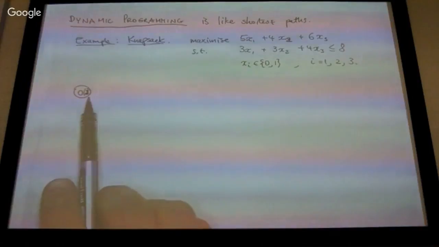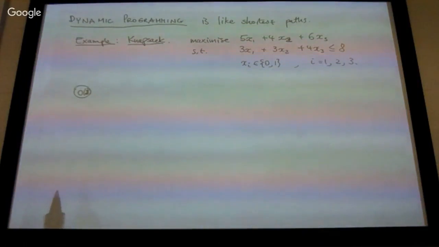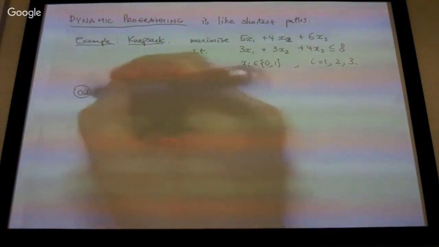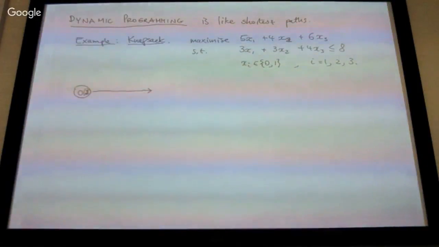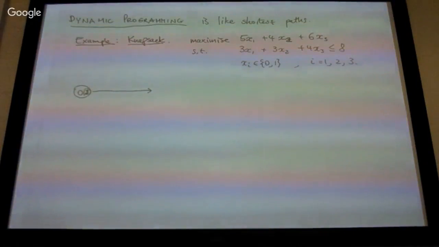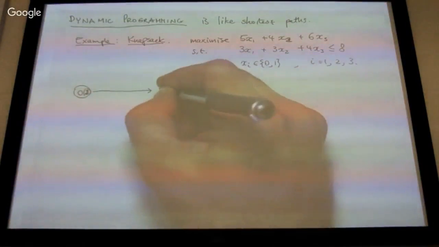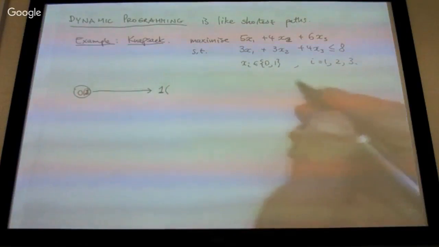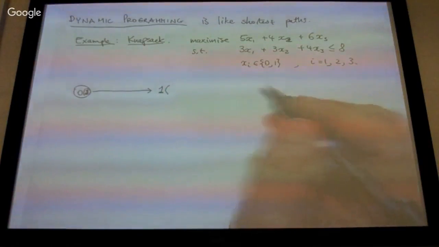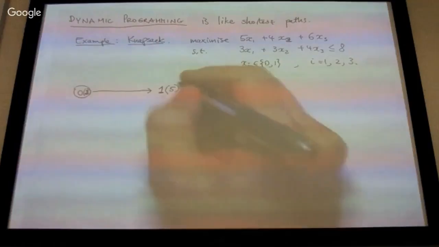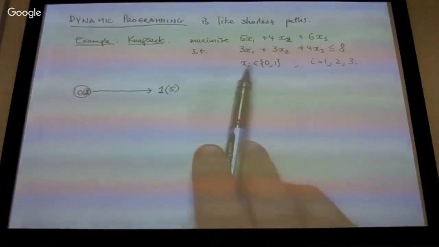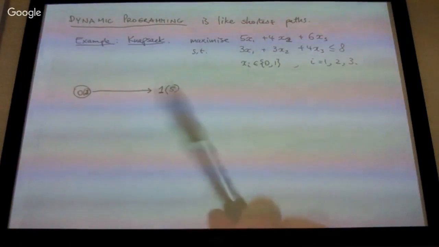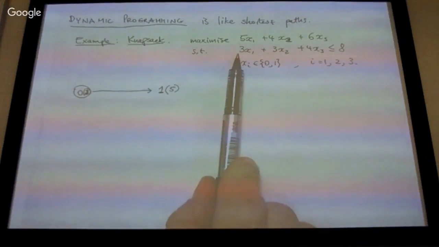And from here, you can either decide that you're taking the first item, and that would be walking along this edge to stage 1, and state is 5. Because if you've taken it, then you're using 3 capacity out of 8, so you're left with 5 capacity.